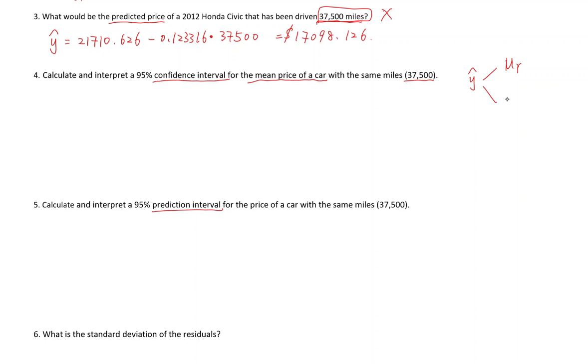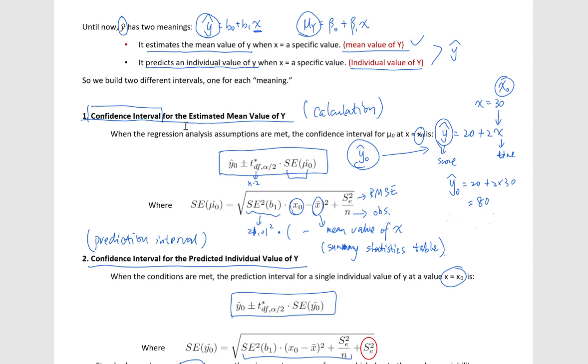Mu of y and a single prediction, right? Okay, so which meaning is this question asking about? It's asking about the confidence interval for the mean value of y, right? And then we have the corresponding formula. This is the formula for the confidence interval of the estimated mean value of y.